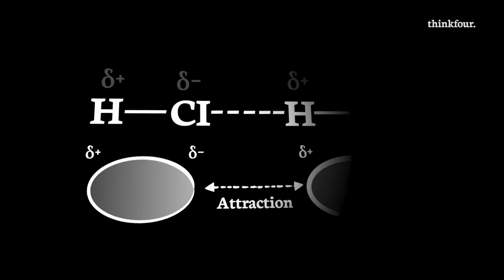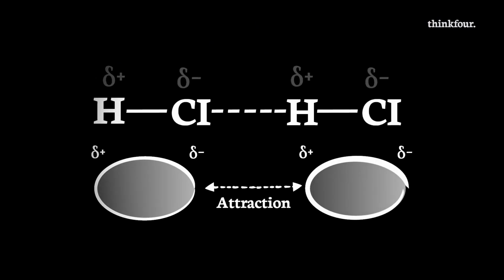If we now move into thinking about the attraction between polar molecules, we're going to come across the permanent dipole force. Taking a molecule like hydrogen chloride, where the chlorine is more electronegative, a permanent dipole is formed in the molecule. The chlorine part of the molecule will be slightly more negatively charged compared to the hydrogen part.